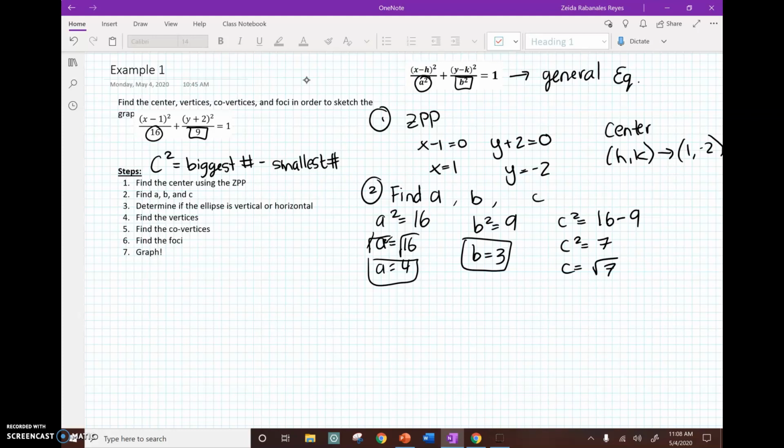All right, step 3, we need to determine if the ellipse is a vertical or horizontal ellipse. And to do that, you have to see, is A bigger than B or is B bigger than A?